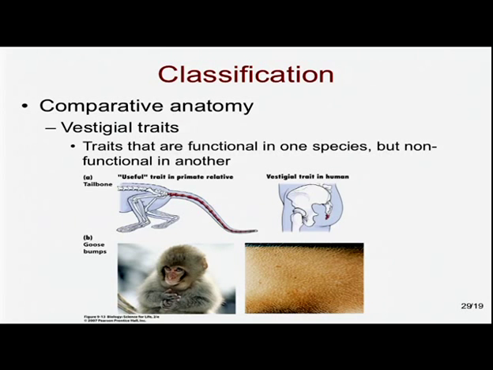Because the only time traits aren't passed is if the person that had the trait is dead and doesn't pass that DNA. So the DNA for goosebumps just keeps continually being passed, right, through human beings because it's not selected against. It didn't cause reproductive inhibition.